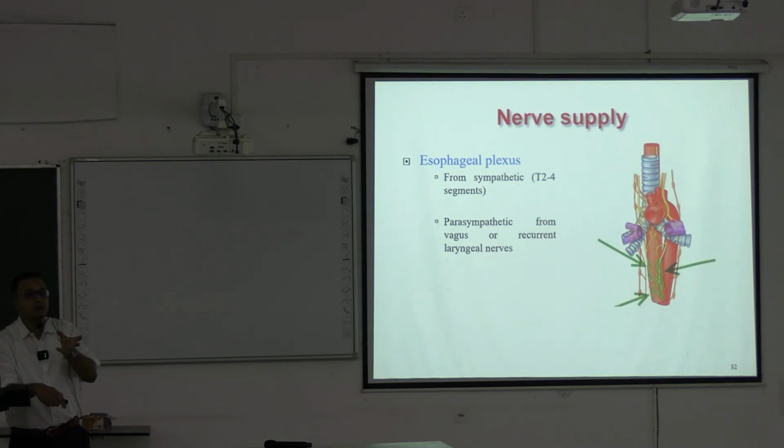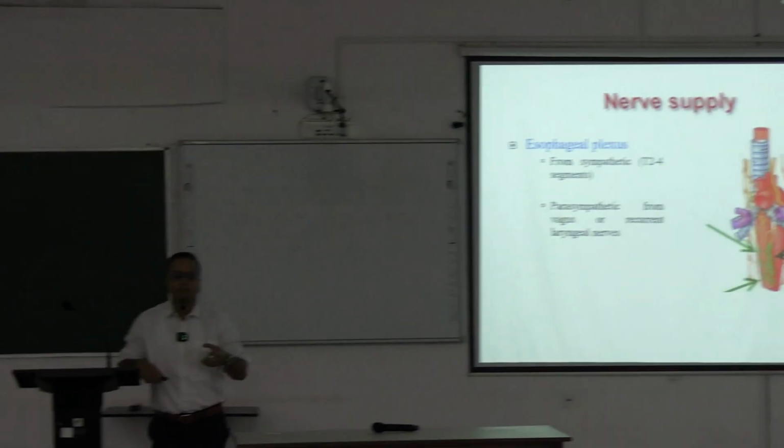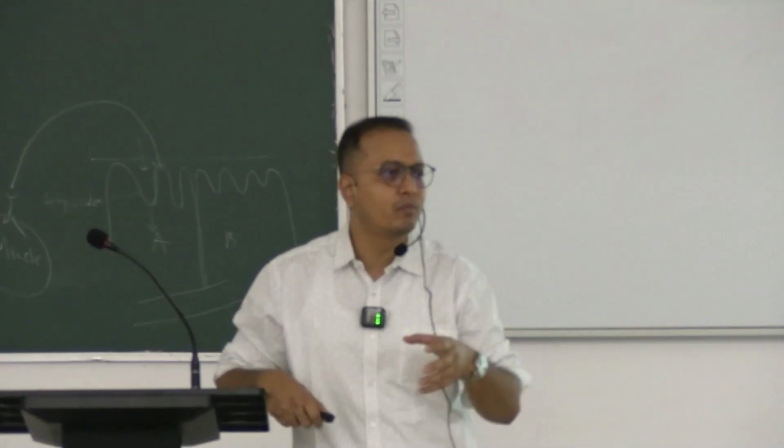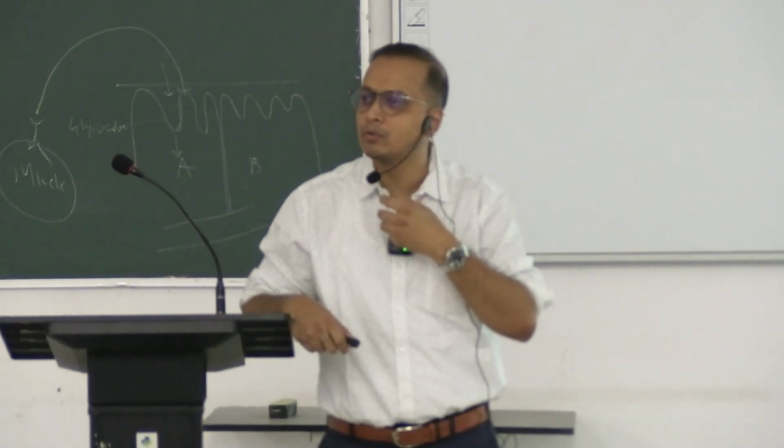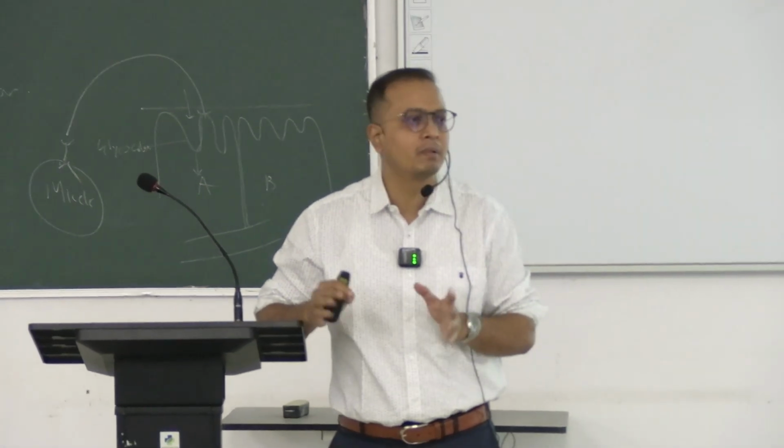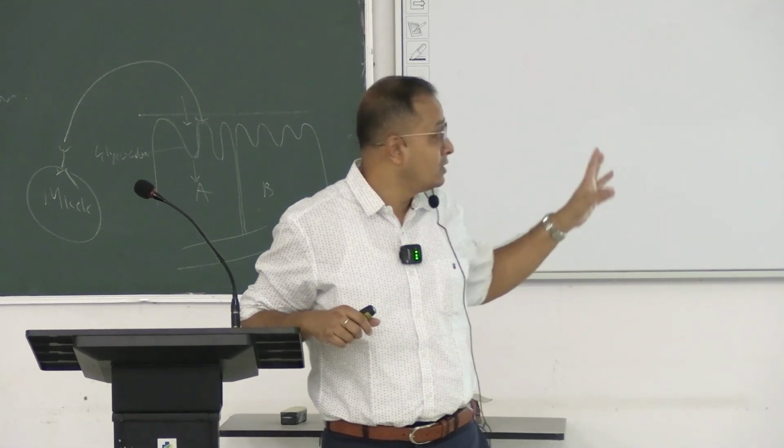So the vagus nerve and the sympathetic nerve make a nerve plexus around the esophagus. We call it the esophageal plexus. Through peristaltic movement, this esophageal plexus passes the food material from the mouth through the esophagus to the stomach. This is the simple explanation of the esophageal plexus.